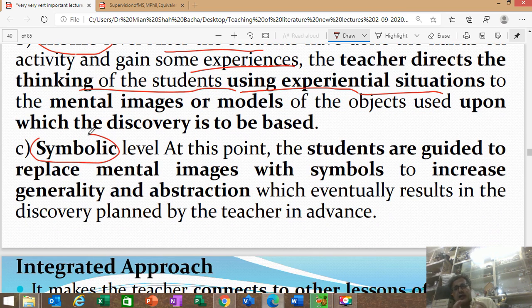At this point, the students are guided to replace mental images with symbols, to increase generality and abstraction. For example, some ideas are given to the students, and they are made to symbolically represent those ideas and the images that are given to them, which eventually results in the discovery planned by the teacher in advance.